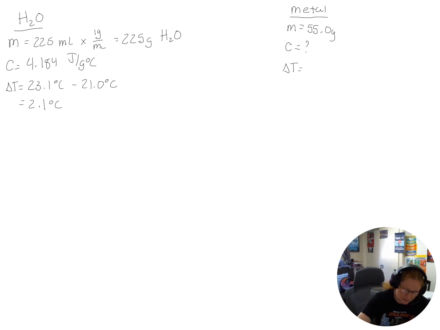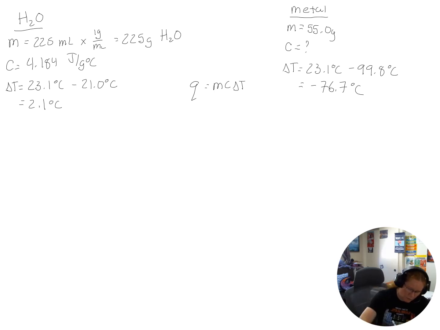So we get 23.1 is that final temperature. The metal started off at 99.8. And so the change in temperature there was negative 76.7. Okay? All right, and so remember, Q is equal to that MC delta T.